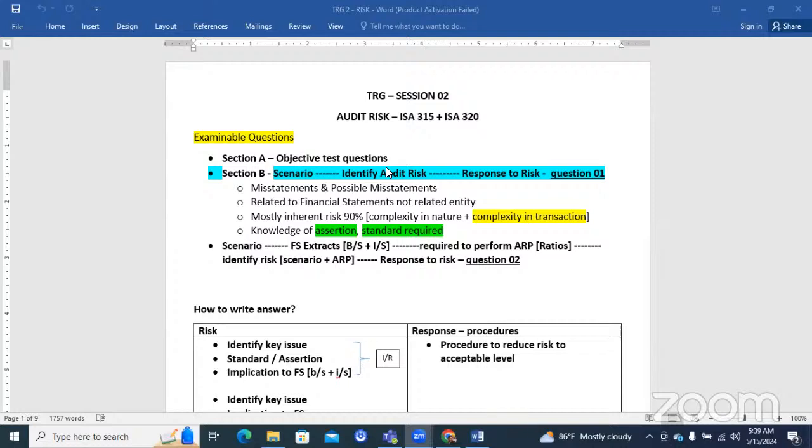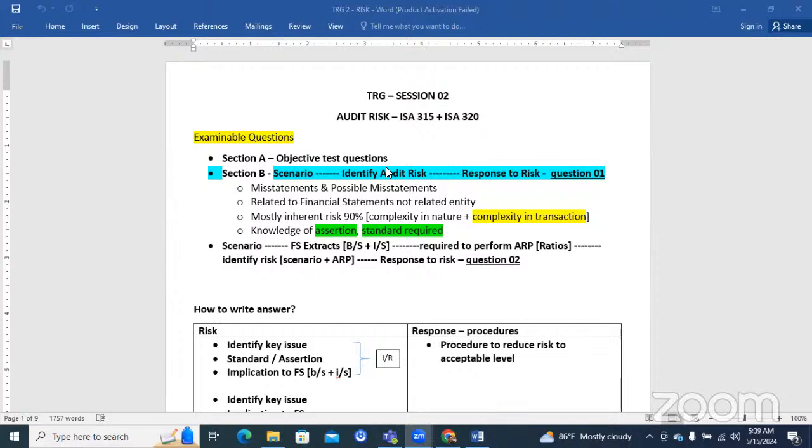So try to understand, within the case study scenario, there are confirmed misstatements and there are possible misstatements. When writing an answer for a confirmed misstatement, you can use definite verbs like profit is overstated, assets overstated, liabilities overstated.